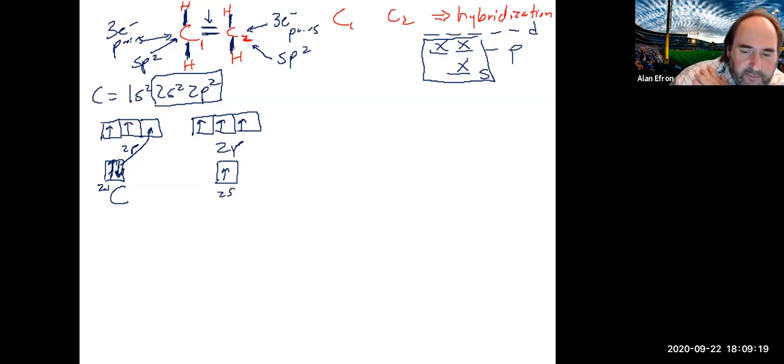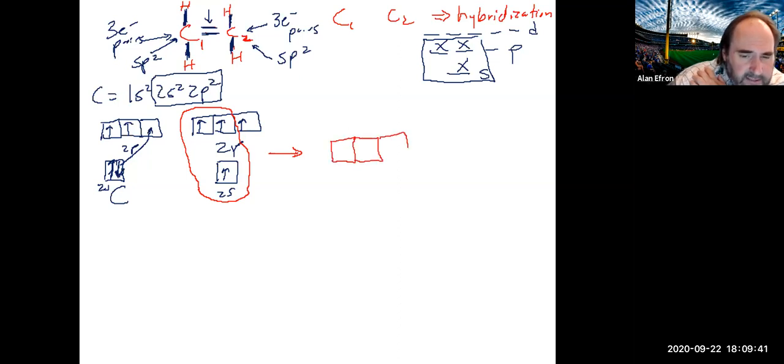And when it goes through hybridization, since we've already identified it as being sp2 hybridization, we're going to take our s orbital, and only 2 of these p orbitals are going to go through hybridization. And because we took 3 of those orbitals, we are going to get 3 equal sp2 hybrid orbitals, where each of them has an electron.